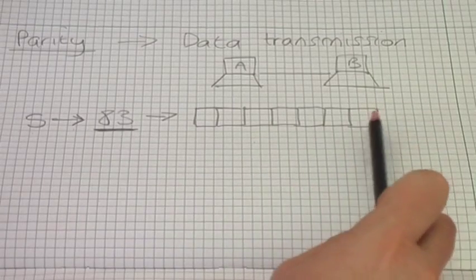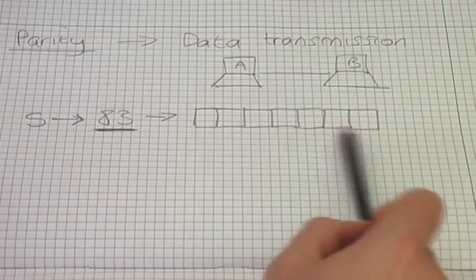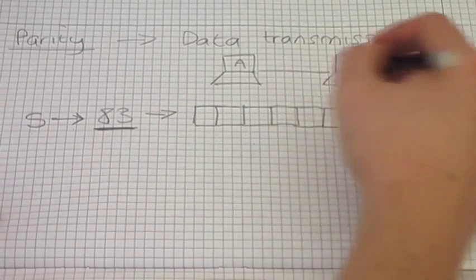Let's just do a quick revision, see if you remember how to convert it into binary. I'm going to start by writing my powers of 2 from the right across. So I'm going to start with 2 to the power of 0, which is 1.